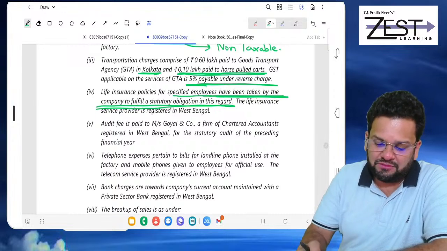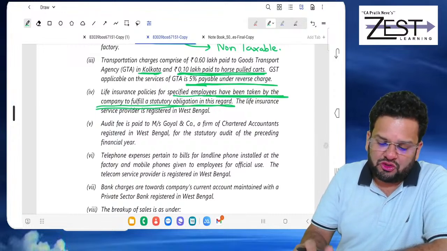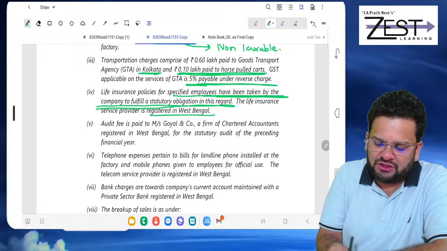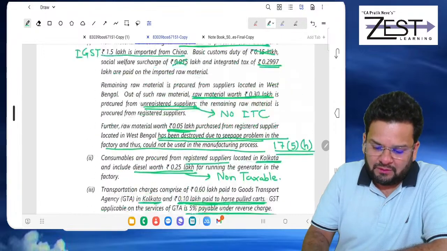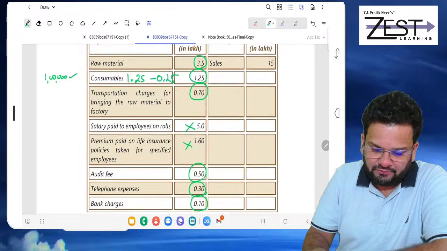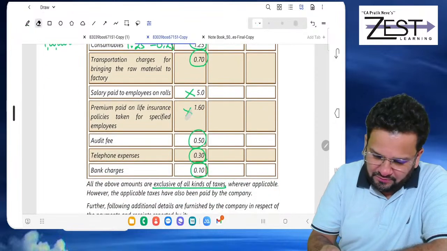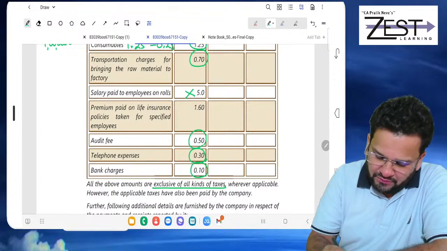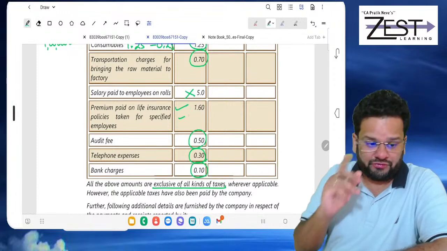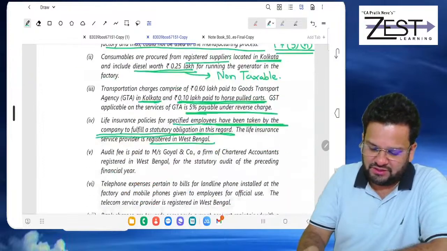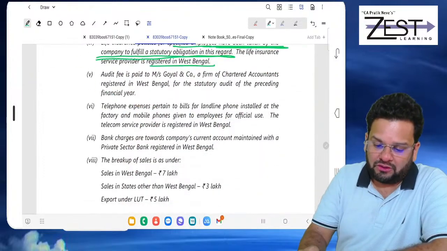Do you agree with me? And life insurance service provider is registered in West Bengal. Go ahead, claim ITC. So I was wrong here. You can claim ITC of CGST and SGST. ITC will not be blocked.